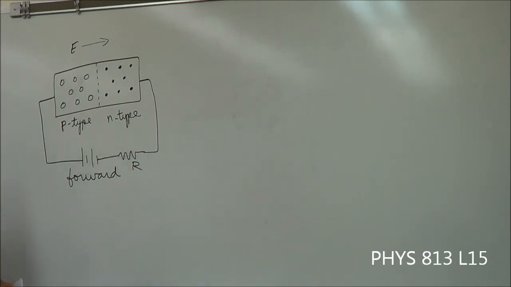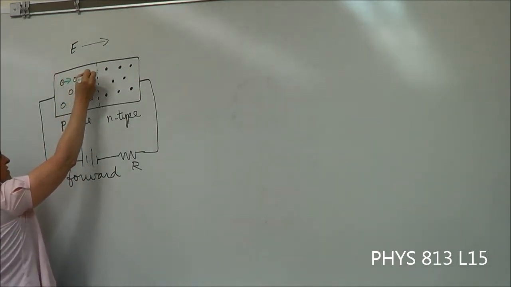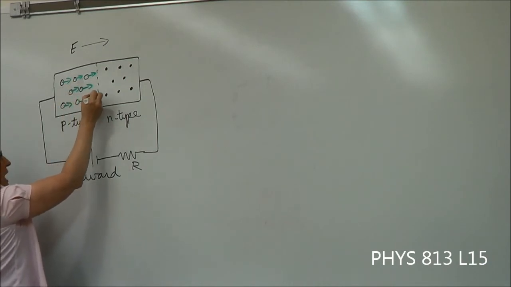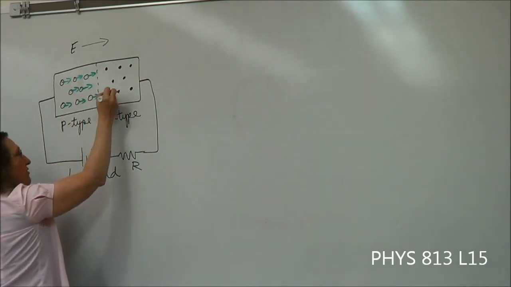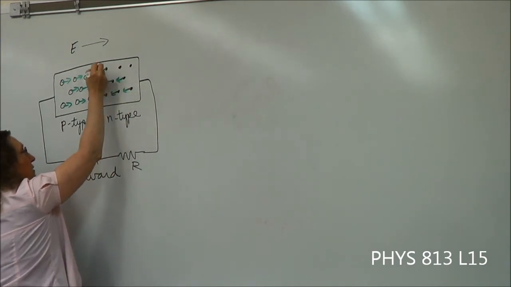If you remember, a positive charge will move in the direction of the electric field, and electrons move opposite. So here we're going to treat these as positive, so they will move to the right, and the electrons will move to the left. Put all the little arrows on here.